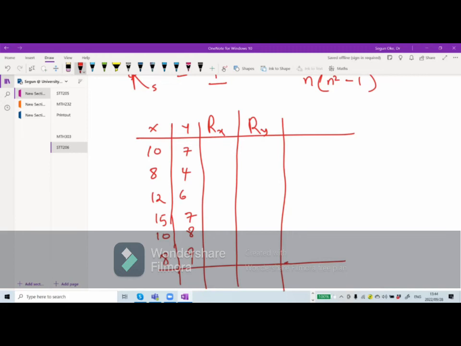So let's say we are ranking from lowest to highest now. We are ranking X. Which one is number 1? 8. Okay, how many 8s do we have? 2. That means you have to be careful.